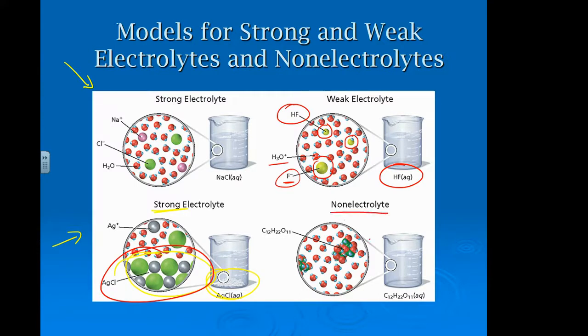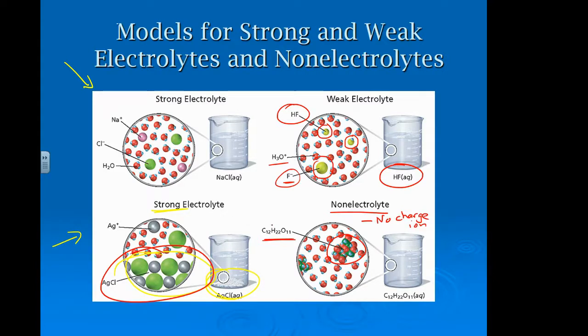Now, a non-electrolyte, if you remember, we talked about sugar before. This is sucrose, and sucrose does not become an electrolyte even though it is solvated. Just remember that it can be dissolved and completely surrounded and still not be an electrolyte. Why? Because it doesn't have a charge. There's no ion here. In order to be an electrolyte, it has to have a charge or an ion.